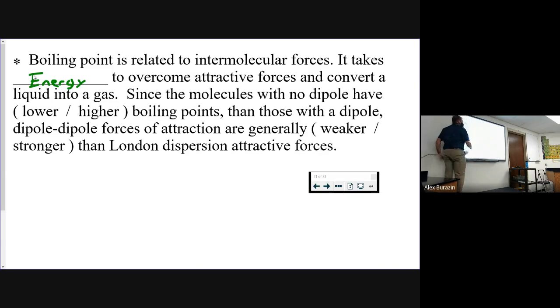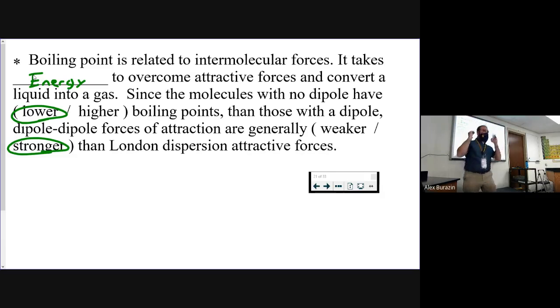In the real world, what are we going to use? We're going to add some heat, right? That's how we add energy. So since molecules with no dipole have lower boiling points, remember these are the nonpolar ones, right? Then for those with a dipole, we can conclude that dipole-dipole forces of attraction are generally stronger than London dispersion forces.